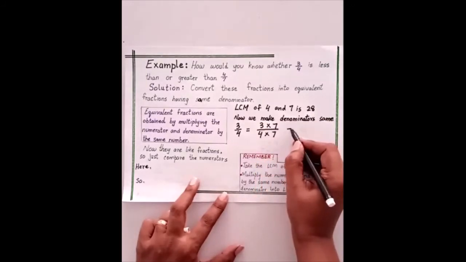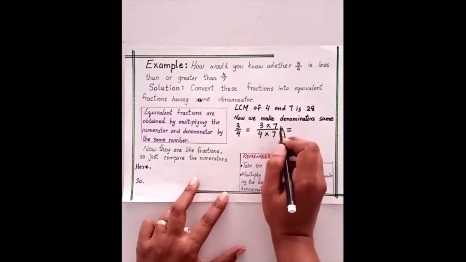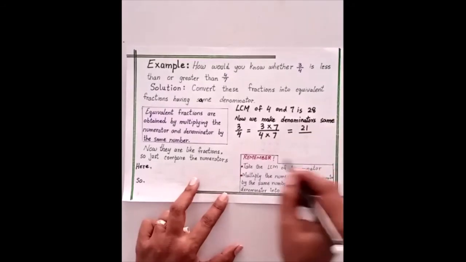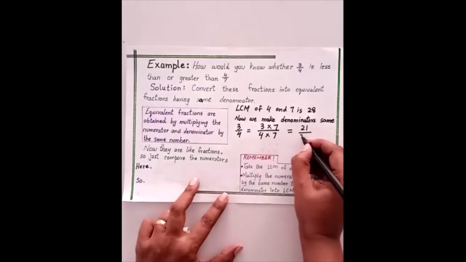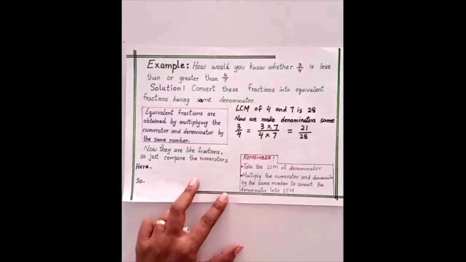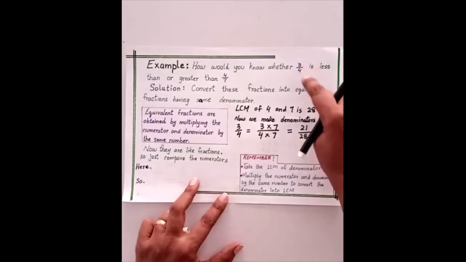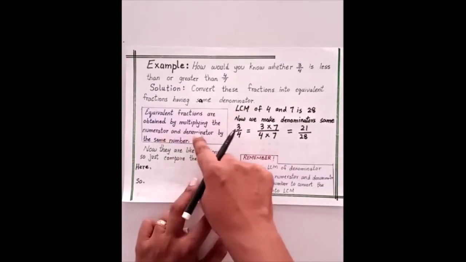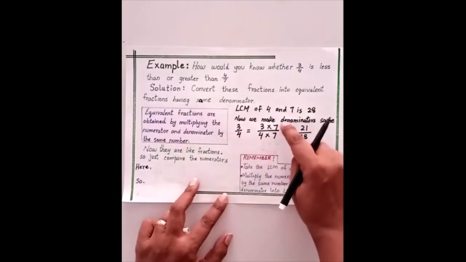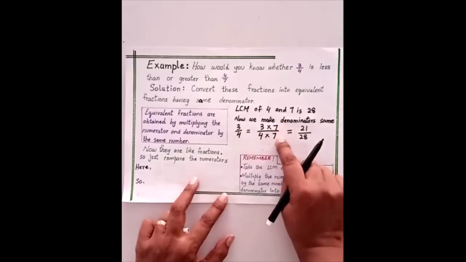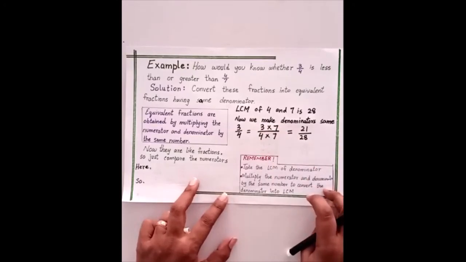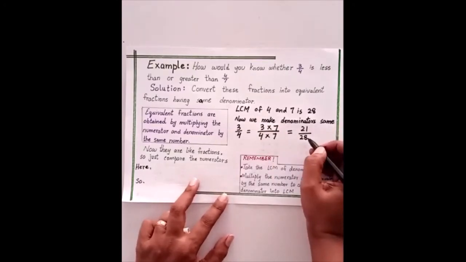If we multiply 3 with 7, 3 sevens are 21 and 4 sevens are 28. 3 upon 4 we make the equivalent fraction. Equivalent fractions are obtained by multiplying the numerator and denominator by the same number, that is 7. Answer is 21 upon 28.